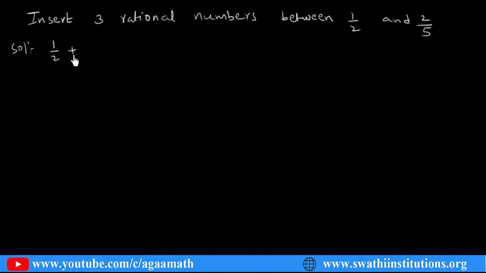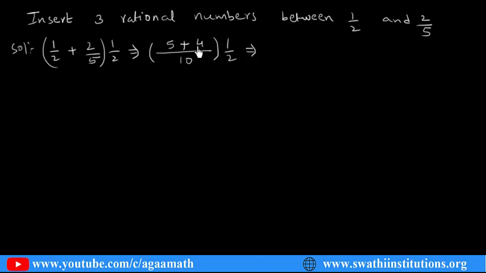So 1/2 plus 2/5, of 1/2. If you add these two, if you do the LCM for 2 and 5, it is 10. So 2 5 times, 5 plus 5 2 times, 2 2 is 4, of 1/2.